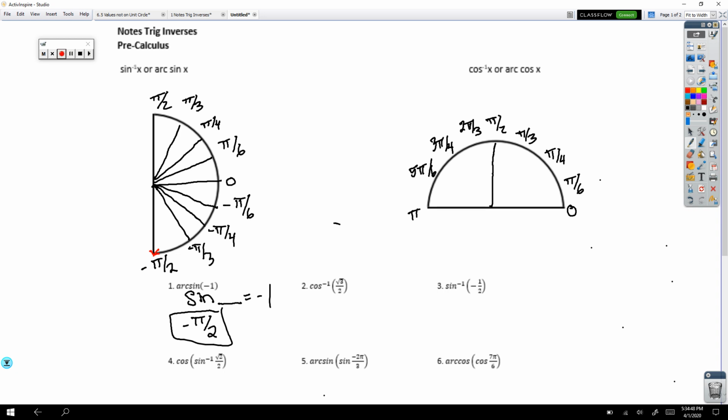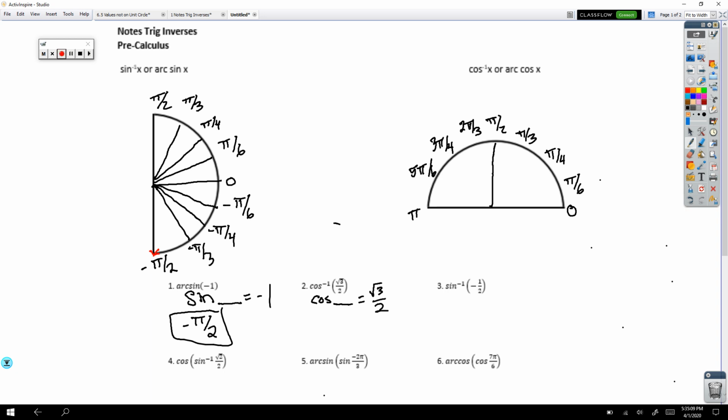So let's look at number 2. Cosine deals with x, and I'm going to use the top half of the unit circle. So my answer is going to be somewhere between 0 and pi. So cosine of what angle measure has an x value that's positive square root of 3 over 2.